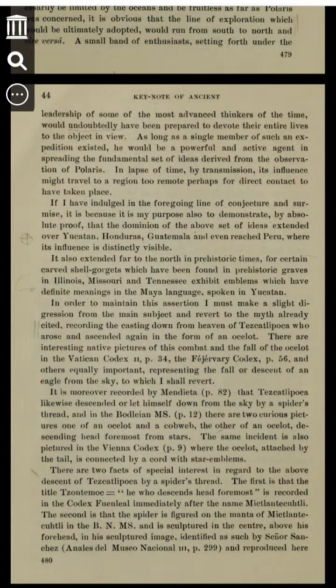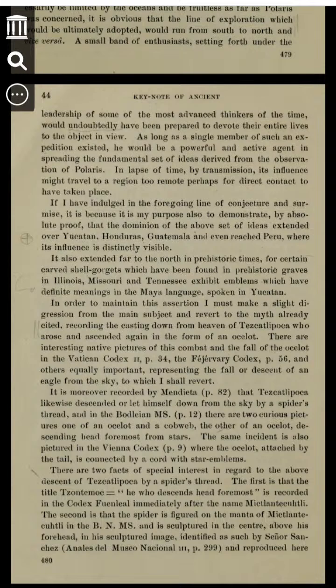You remember the emblem of America that I love showing y'all with the sister up there with the cat around her body that I told y'all is more likely an ocelot because it's actually indigenous to the area of Cali, Mexico, all of that, right? There are interesting native pictures of this combat and the fall of the ocelot in the Vatican Codex, and others equally important representing the fall or descent of an eagle from the sky, to which I shall revert.